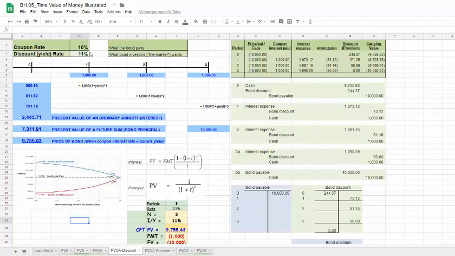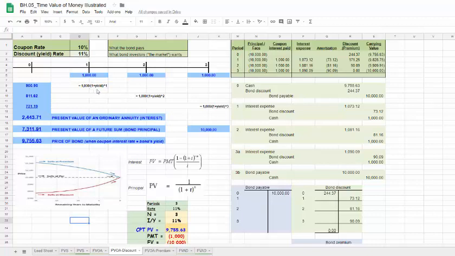The bond is paying a coupon interest rate of 10%, or 10% of 10,000 would yield an interest annuity of $1,000 each year. If we discount each of these interest payments, we would have the most that an investor would pay for this bond if the investor wanted to yield 11%. So let's take a look at how this would work.